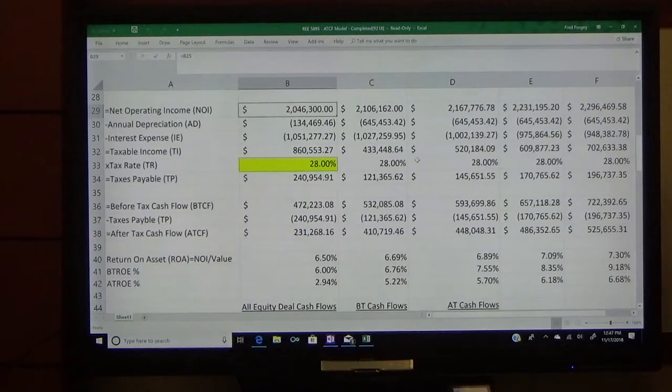Okay? If a property is residential in nature, you have a 27.5-year depreciation term, okay? If the property is non-residential or commercial, it has a 39-year depreciation term.